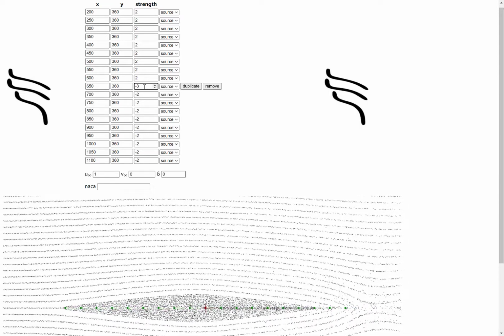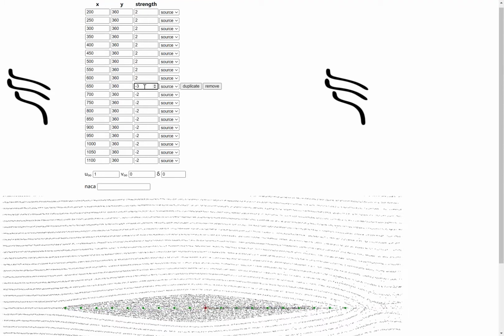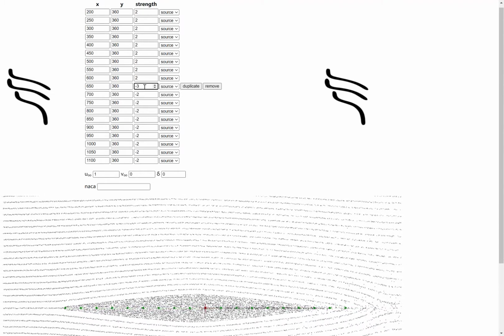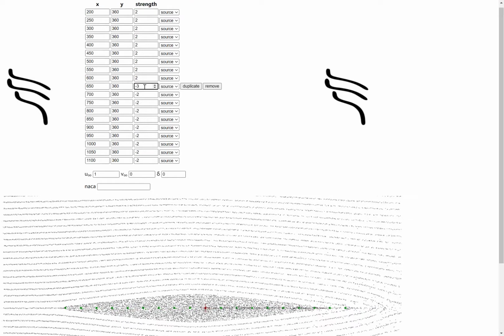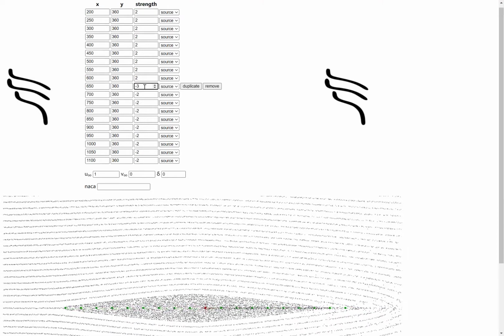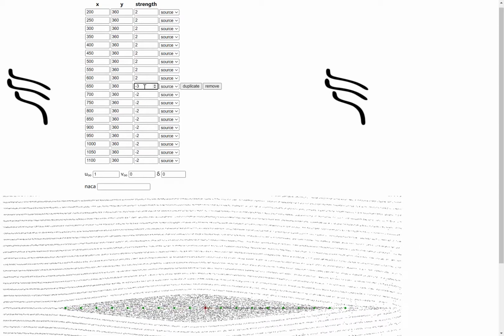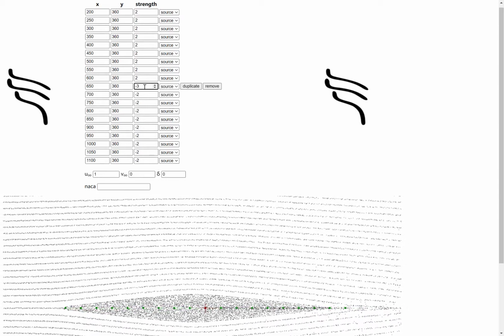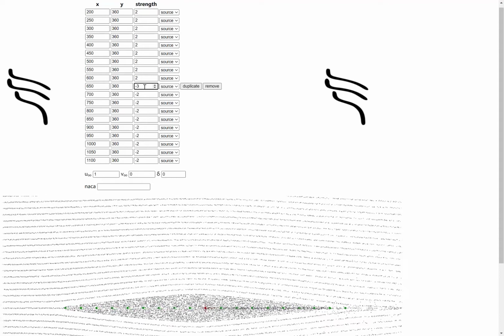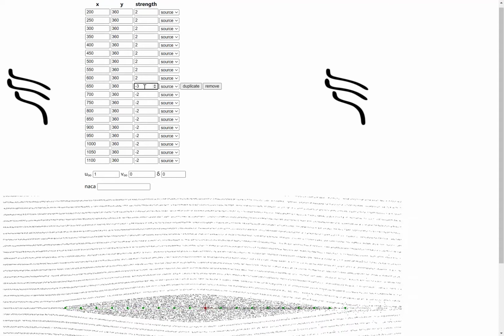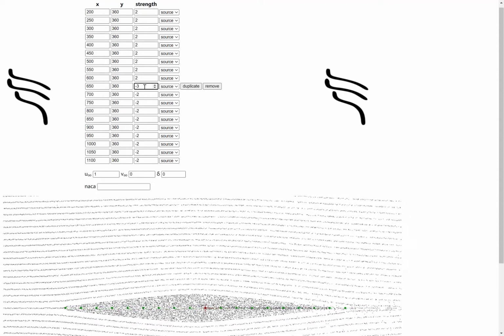If you put a control volume over the entire set of sources and sinks, what is the total mass flux? It should be the sum of all the strengths, right? Remember, we are composing a flow by linearly adding all of these components.